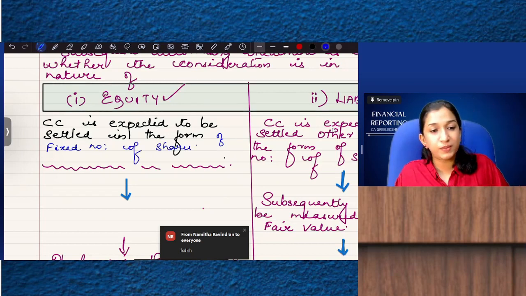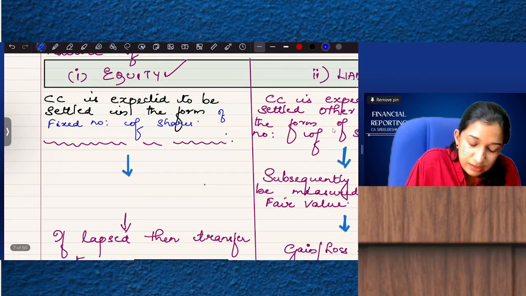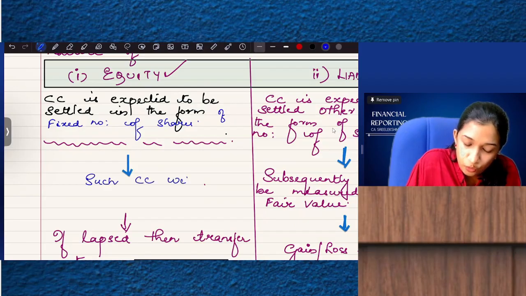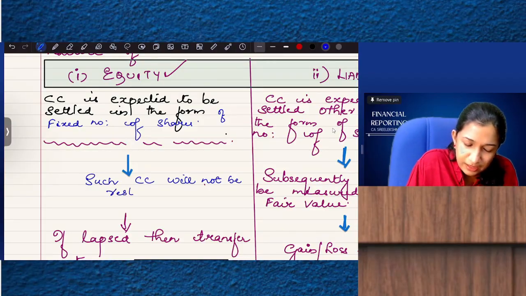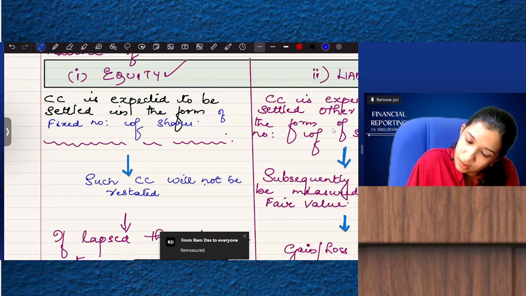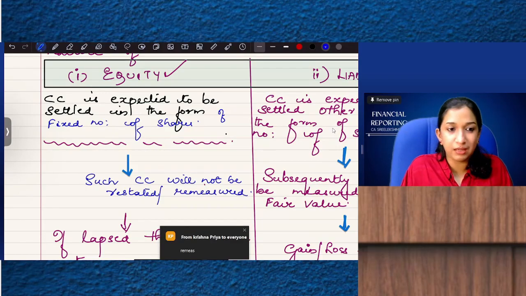If it is expected to be settled in the form of a fixed number of shares, such contingent consideration will not be restated or remeasured.